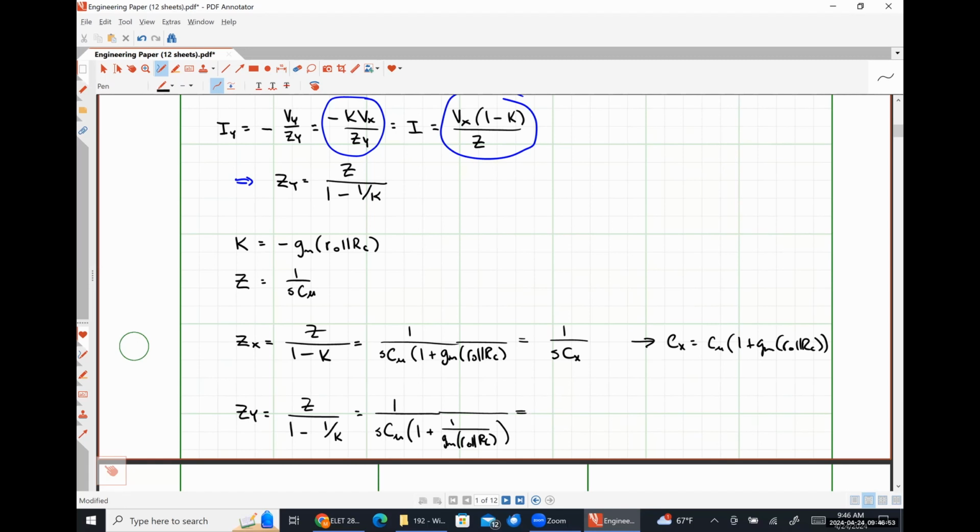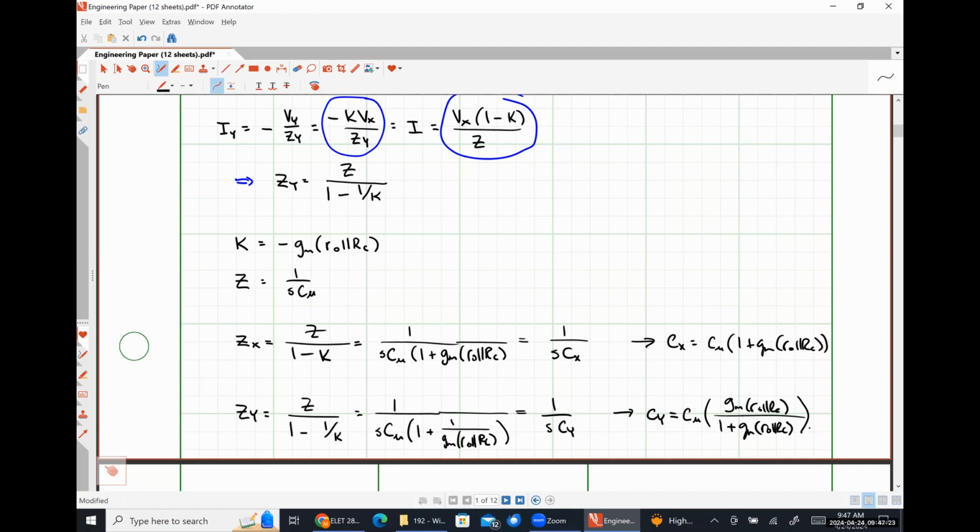Or 1 over SCY, where CY is just C mu times that factor of GM R naught in parallel with RC over 1 plus GM R naught in parallel with RC.